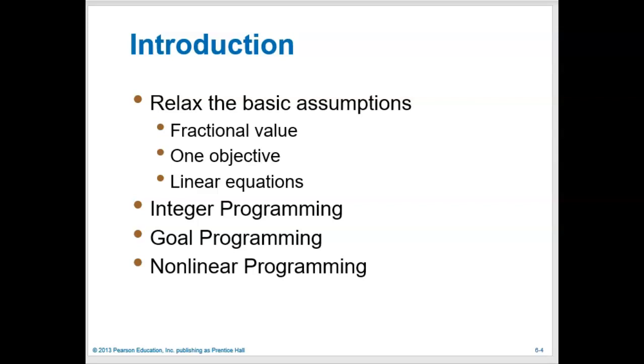The third type of model that we're going to be covering for chapter 6 is nonlinear programming models. Now, linear programming can, of course, be applied only to cases where the objective function and all constraints are linear. However, in real life, the relationships between different variables are not always linear.